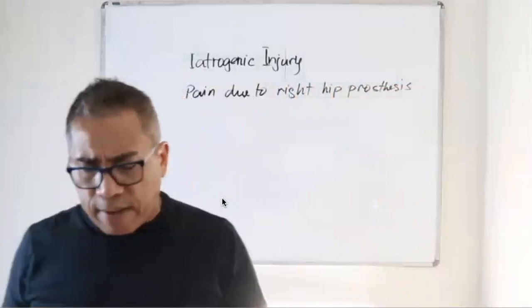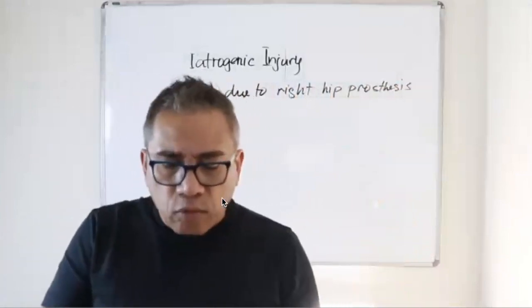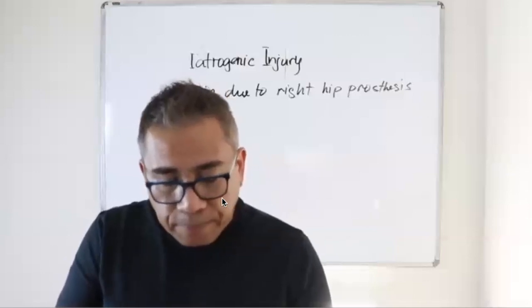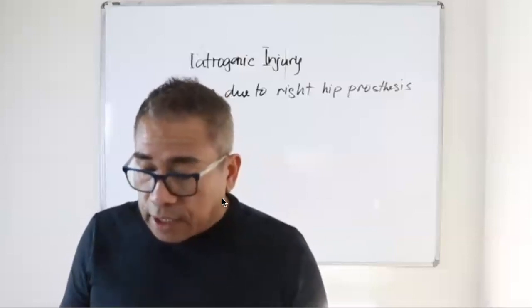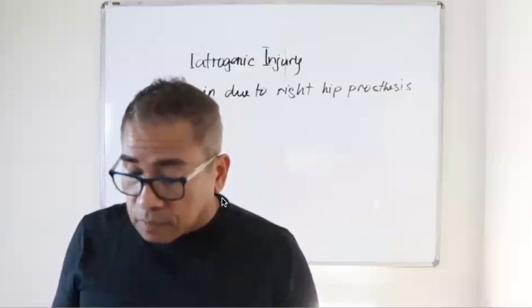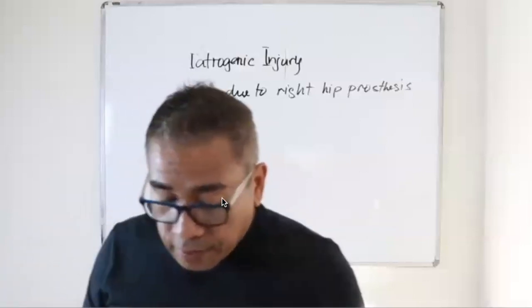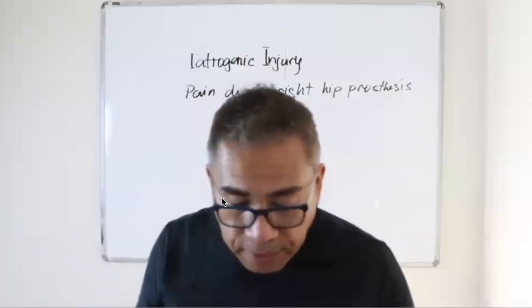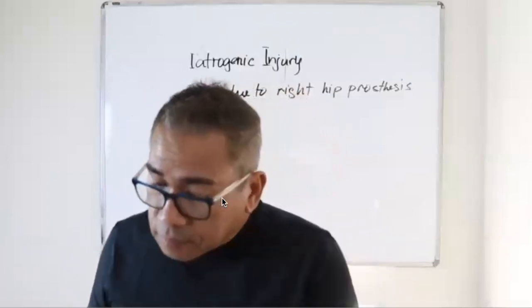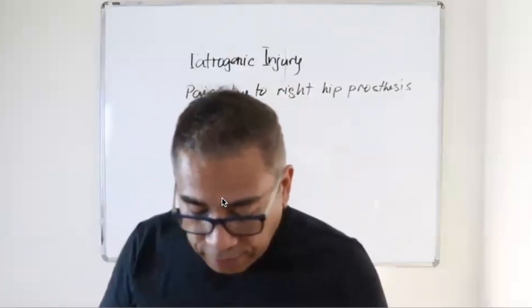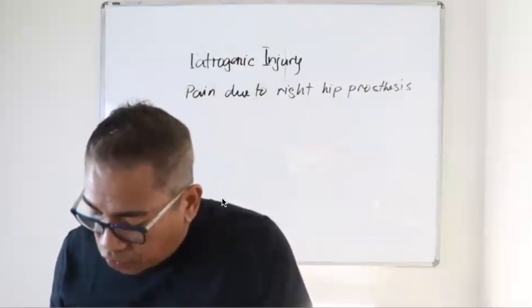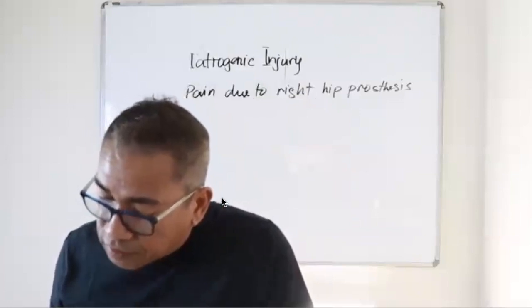Let's go grab our book, guys, and go to the term pain. Everybody please do that, okay? Pain in our book. So I'm here on pain. Now, pain due to joint prosthesis.